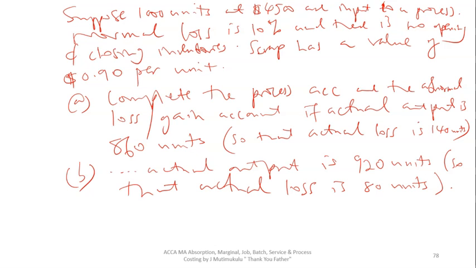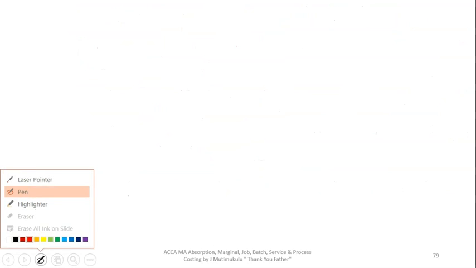In the first part, part A, we have been told that the output is 860 units and the normal loss is 100 units. The output is 860, because this was the actual output.